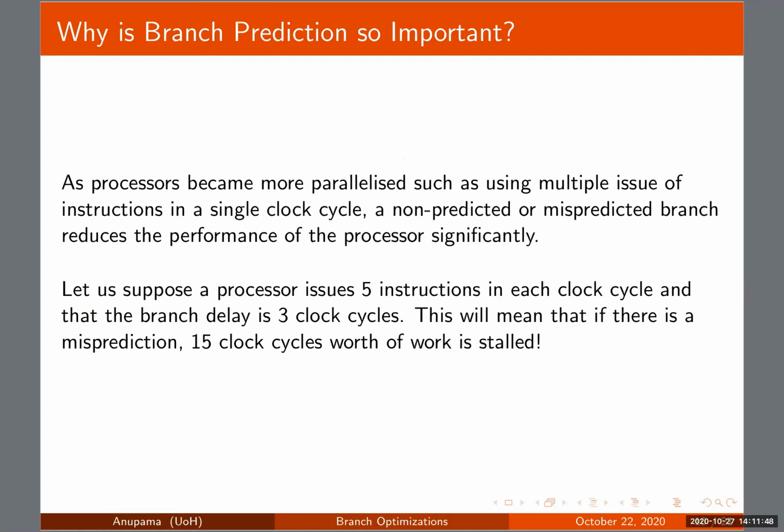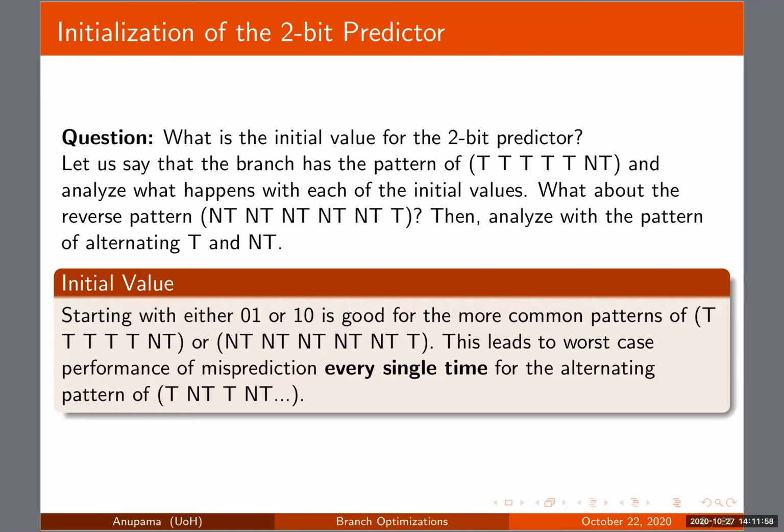So the question after looking at some branch prediction techniques is, why are we so worried about branch prediction? In this case, if you have TTTT and then N, then you'll have one misprediction exactly at the end, when you are predicting taken and you are doing a not taken.